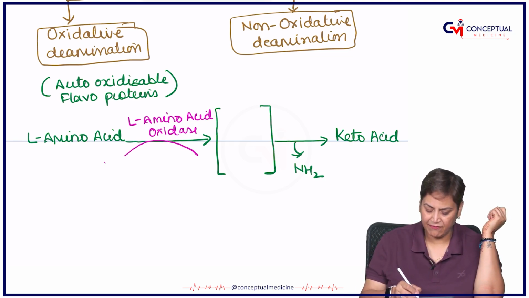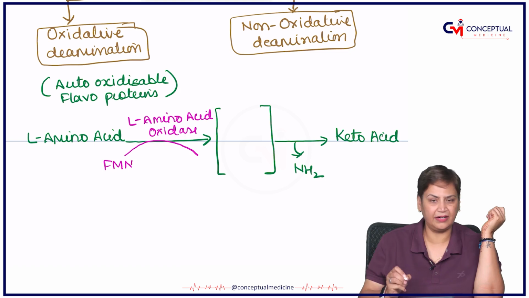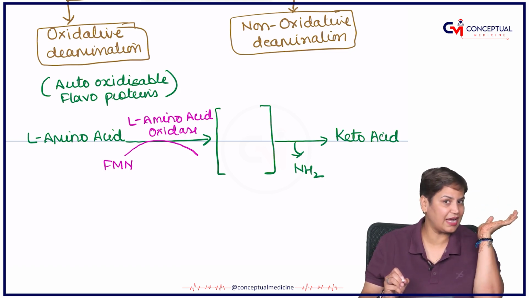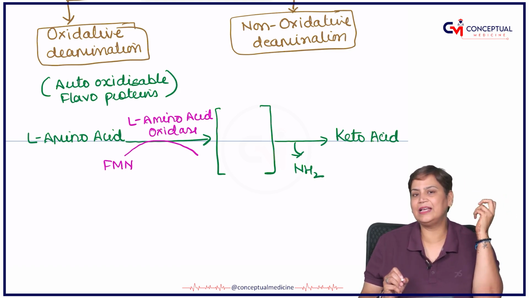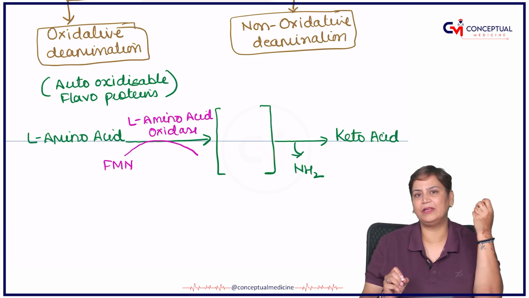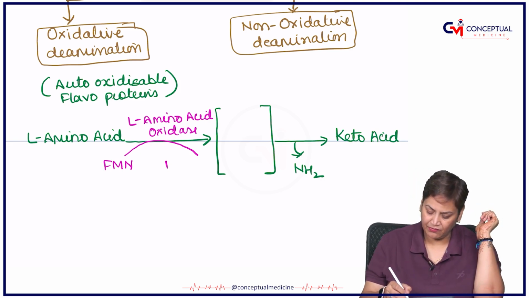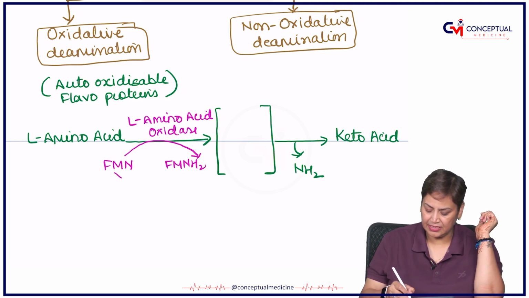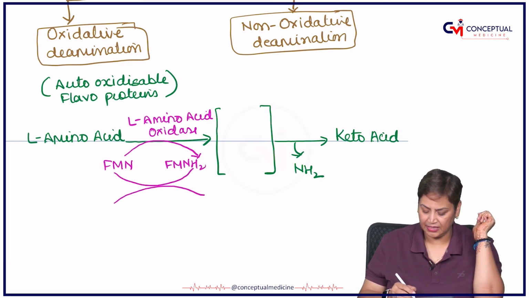Auto-oxidizable means FMN is reused as a reductant here, and this is the only reaction in our body which requires FMN. Now what is FMN? It is flavin mononucleotide, which is the active form of vitamin B2. So FMN will be converted into FMNH2 like this, and this is connected with the degradation of hydrogen peroxide. That is why it is auto-oxidizable.